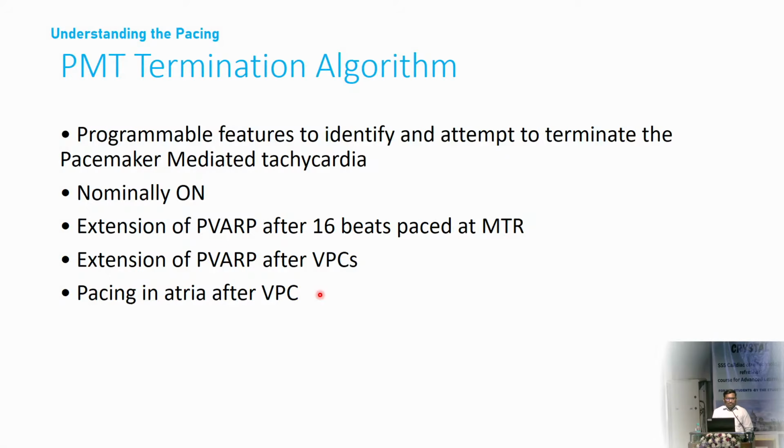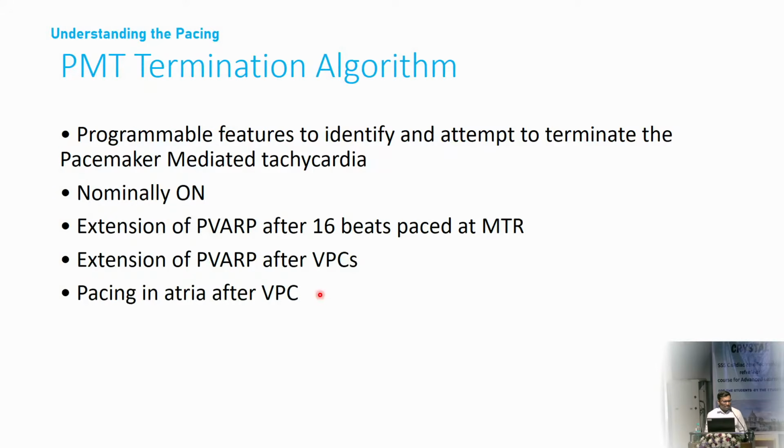So PMT termination algorithms are programmable in all the pacemakers. It's a programmable feature, nominally on. If somebody turns it off, then we can switch it on. And of course PVARP can also be extended.